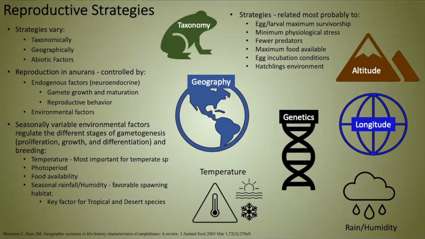Reproductive strategies for each species have evolved with the aim of maximum survivorship of eggs and larvae, minimum physiological stress, facing fewer predators, maximum food availability for hatchlings, best egg incubation conditions, and suitable environments for hatchlings to thrive. This results in different strategies for many species in this order.